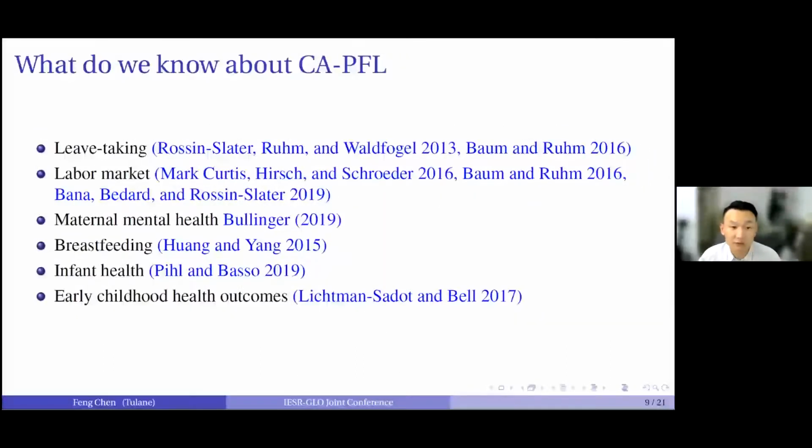Maybe for similar reasons, there are many studies that also look at the effect of California's paid family leave program. So I will go over this literature briefly. Based on these studies, California's paid family leave program increased leave-taking by mothers, improved labor market outcomes of mothers, improved maternal mental health, increased breastfeeding, and improved infant health and early childhood health outcomes.